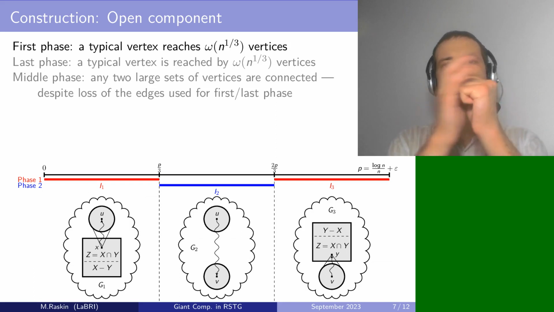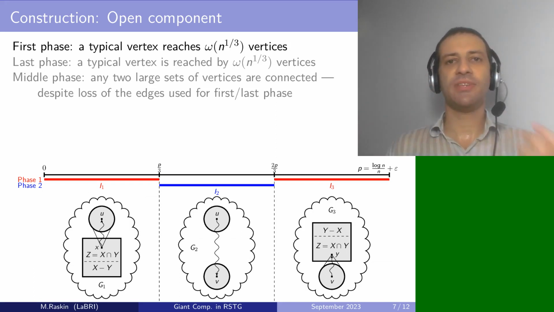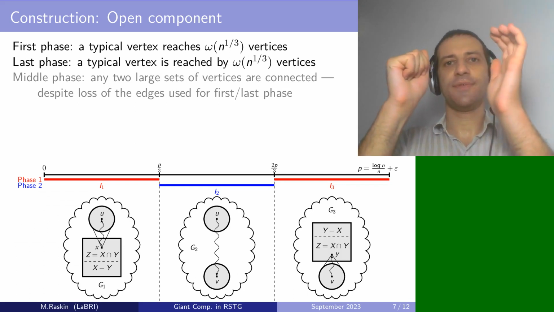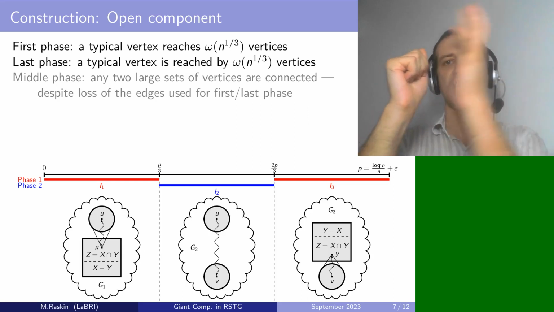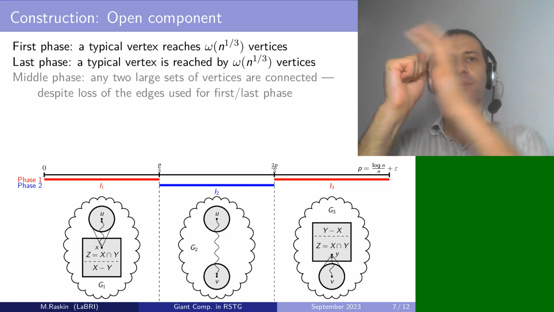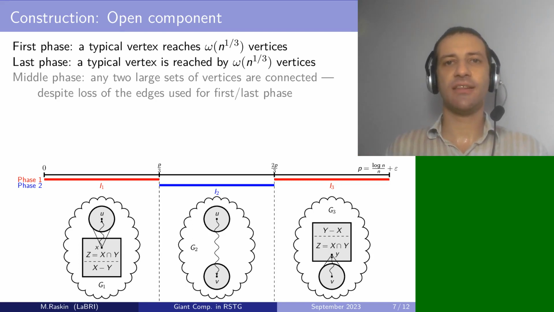We study separately what happens in each of the phases. In the first third of the time, a typical vertex can reach a bit more than cube root of n other vertices, and atypical vertices that cannot are not included in our components because they are few. The last third is actually symmetric to the first third, but in reverse time. We want that every typical vertex is reached by a bit more than cube root of n other vertices, and again we exclude the atypical ones.